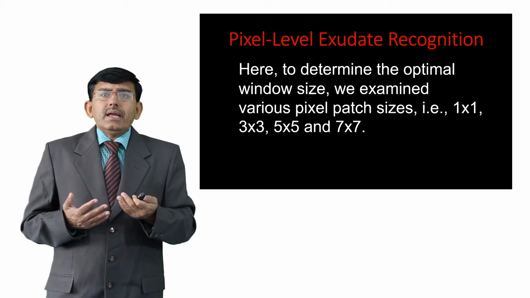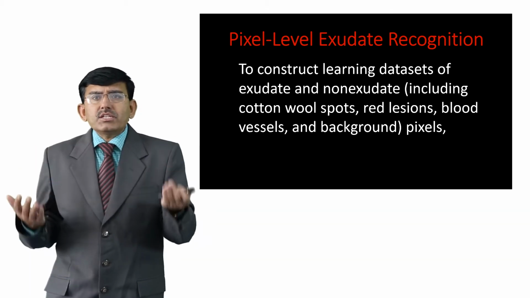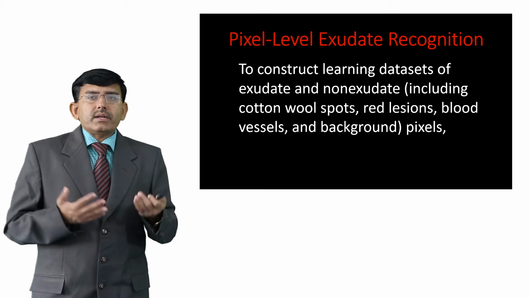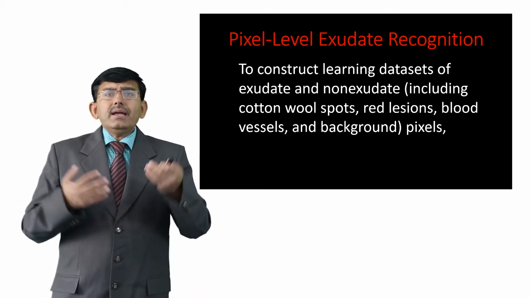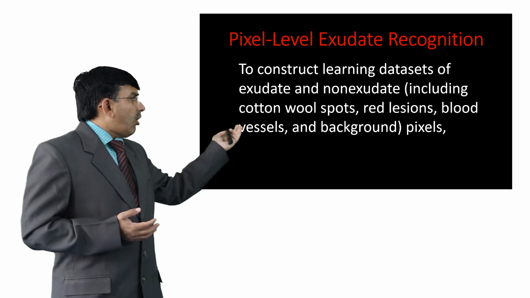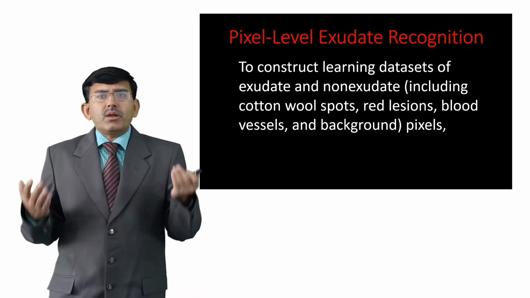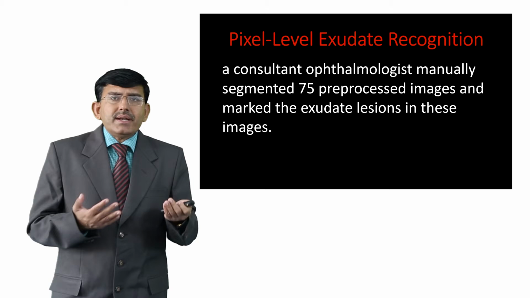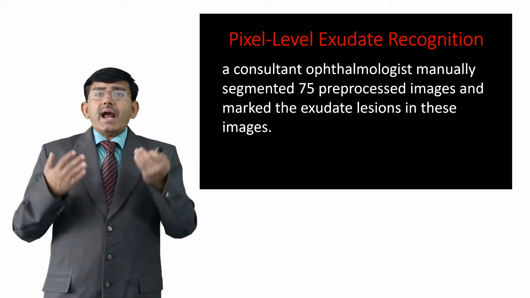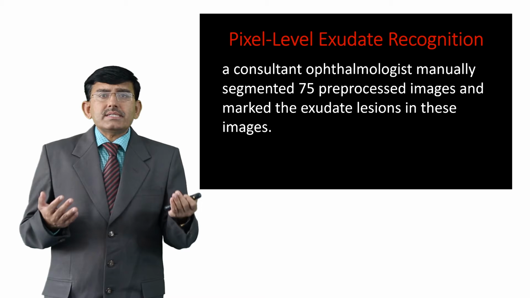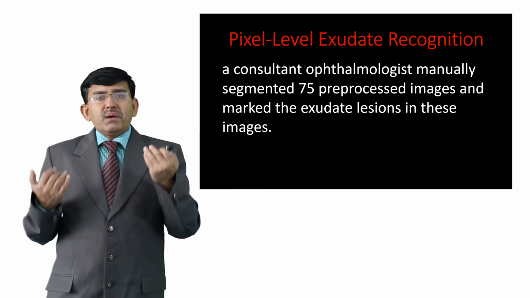To construct learning data sets of exudate and non-exudate, which include cotton wool spots, red lesions, blood vessels and some background pixels of the images, a consultant ophthalmologist manually segmented 75 pre-processed images and marked the exudate lesions in all the captured images.